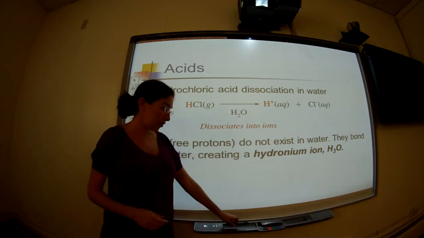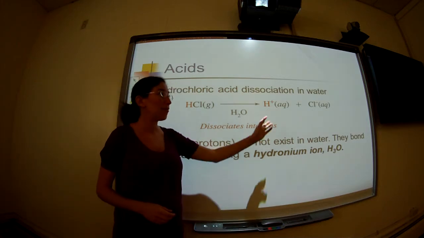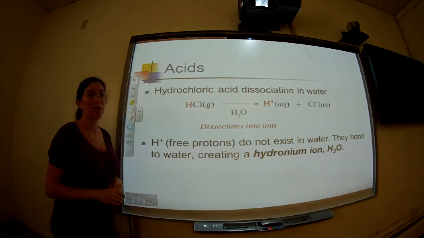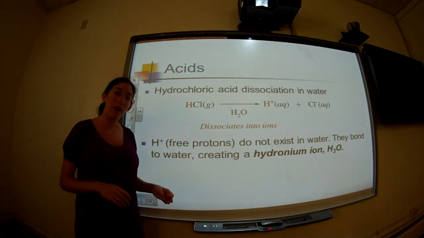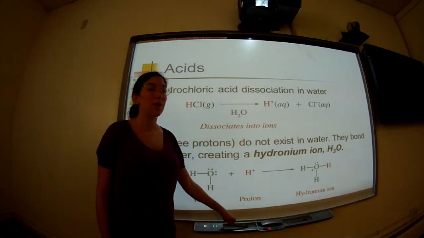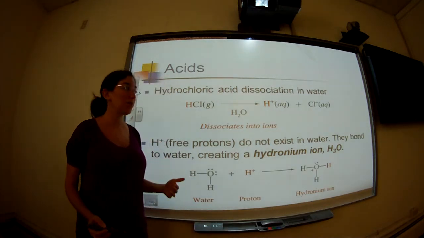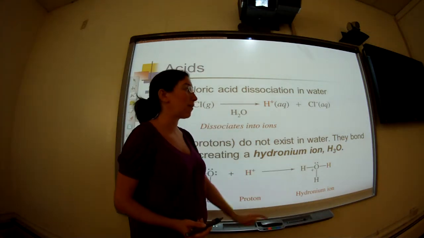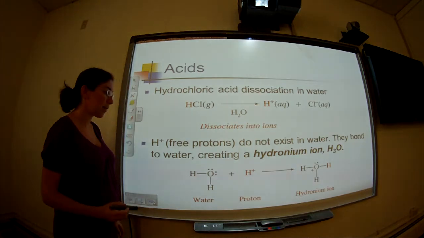So in water, technically, you don't have free hydrogen ions, free protons. Those protons actually will bind to other water molecules to form what's called a hydronium ion. So aqueous solutions don't truly have free protons. What they really have is hydronium ion.